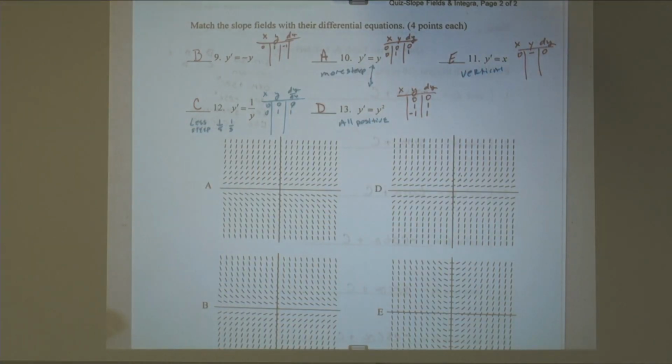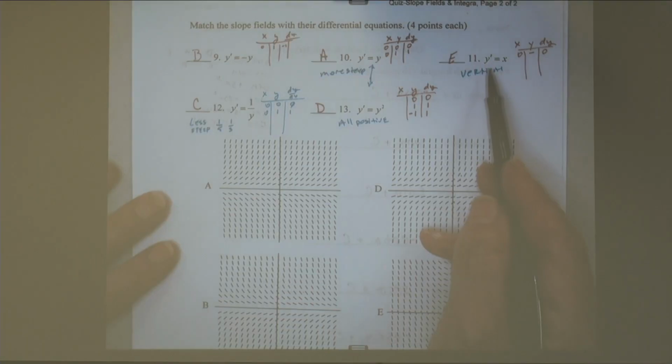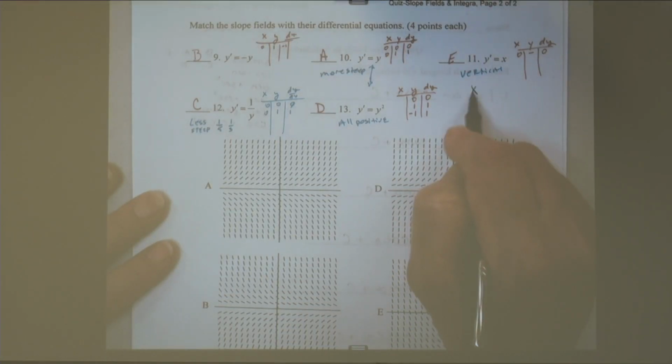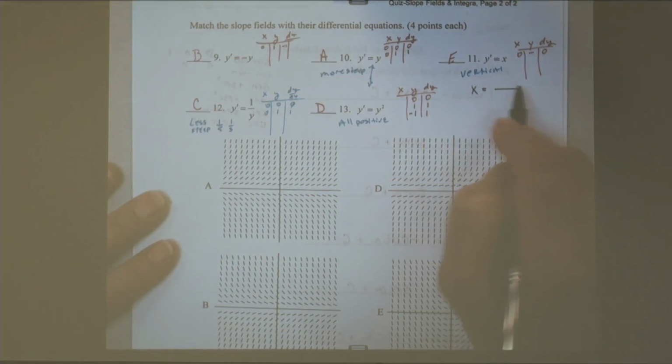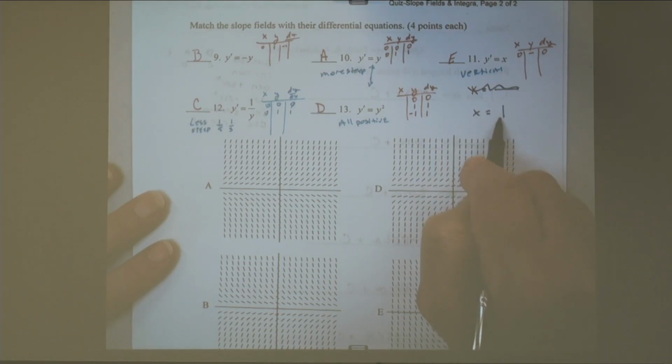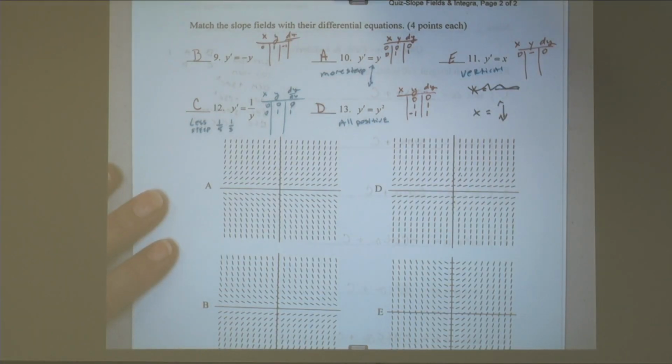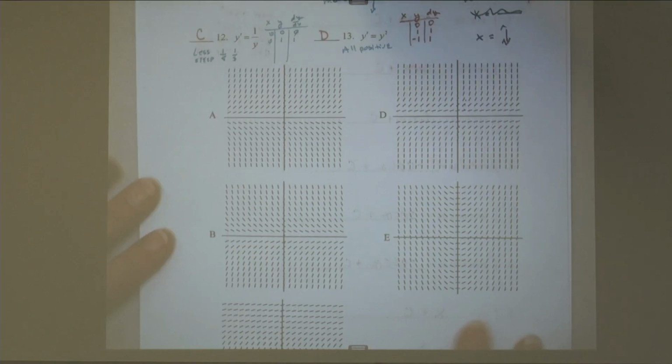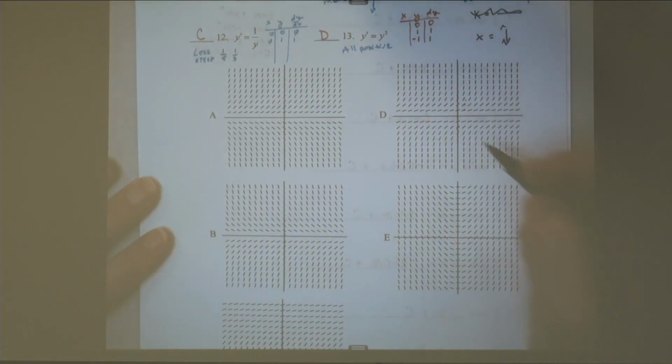So I started with problem 11 because I know my x equal line. Since I'm dependent on x and not y, I'm looking for the slope field that has all the same slopes vertically.